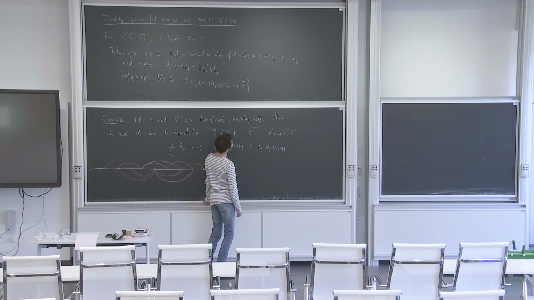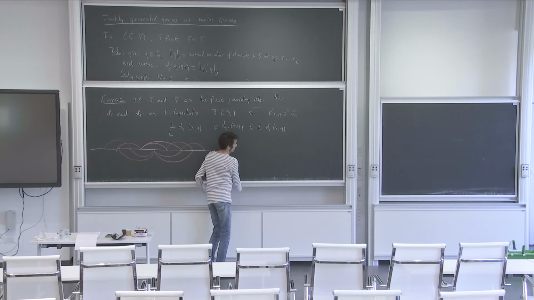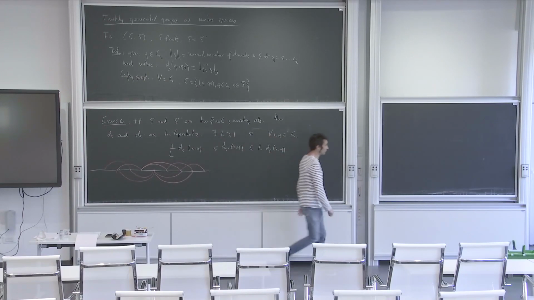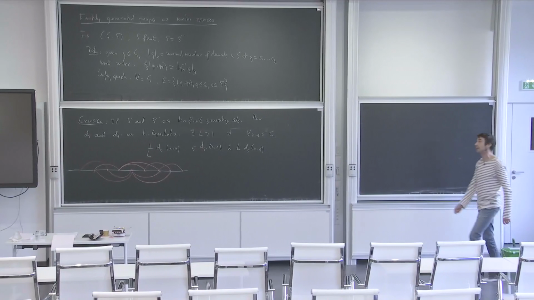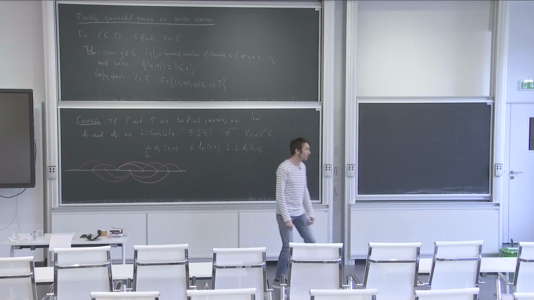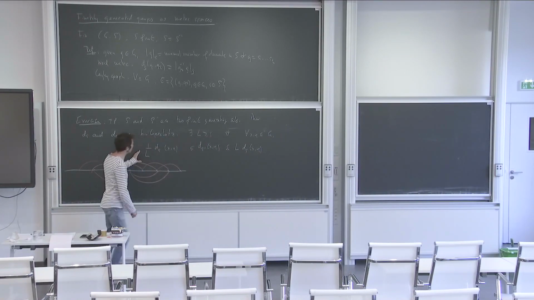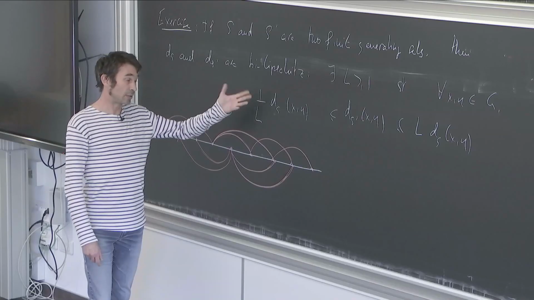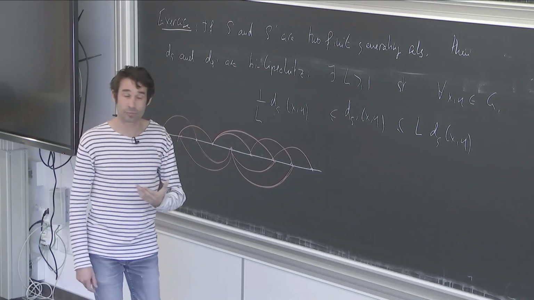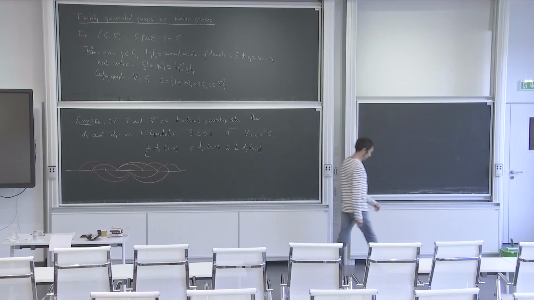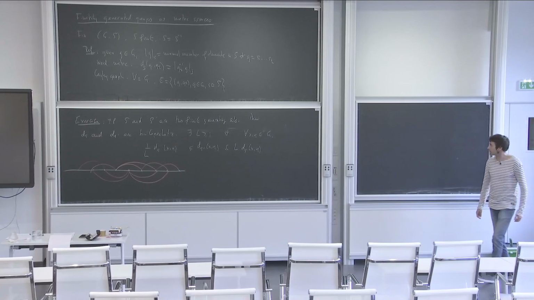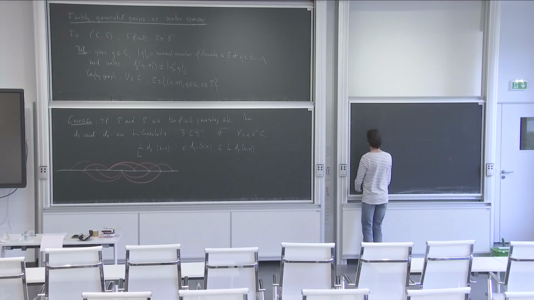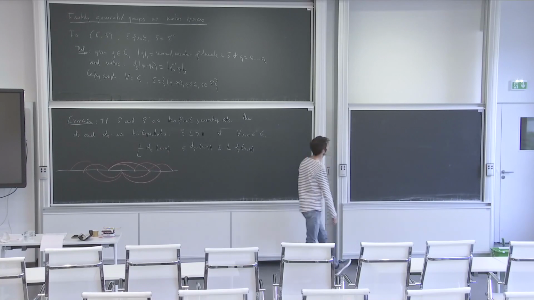So what I would like to do now is to explain a statement that some people call the fundamental lemma of geometric group theory, that will explain the relationship between the different Cayley graphs that we can obtain for a given group. And for this, I will go to a broader setting and consider what are called geometric actions.